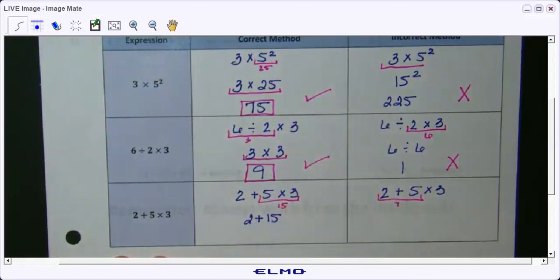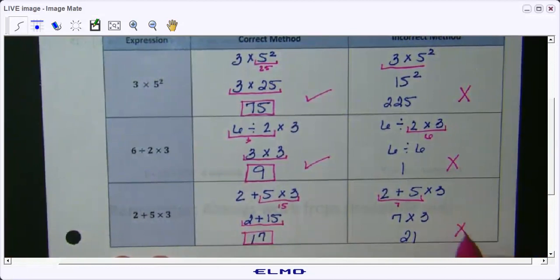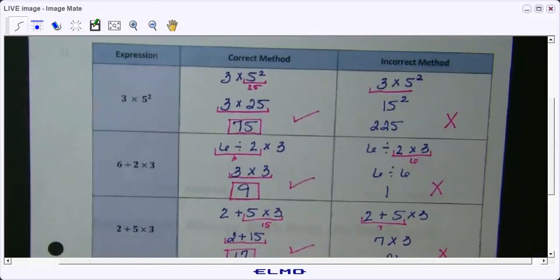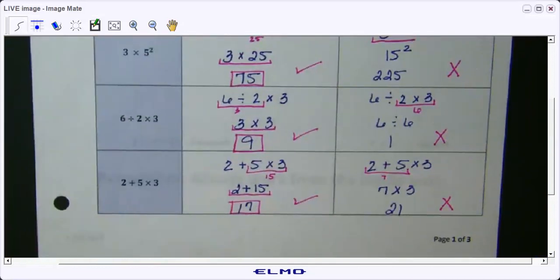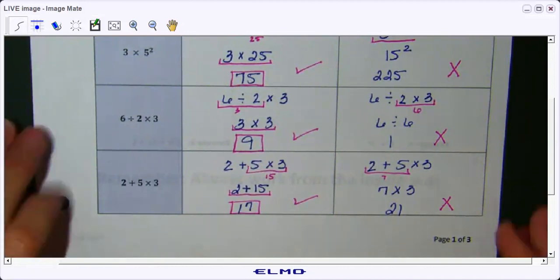When you're finished, you can look up here to see if you did it correctly. Are there any questions on this part? Okay. Go ahead and move on to page 2.